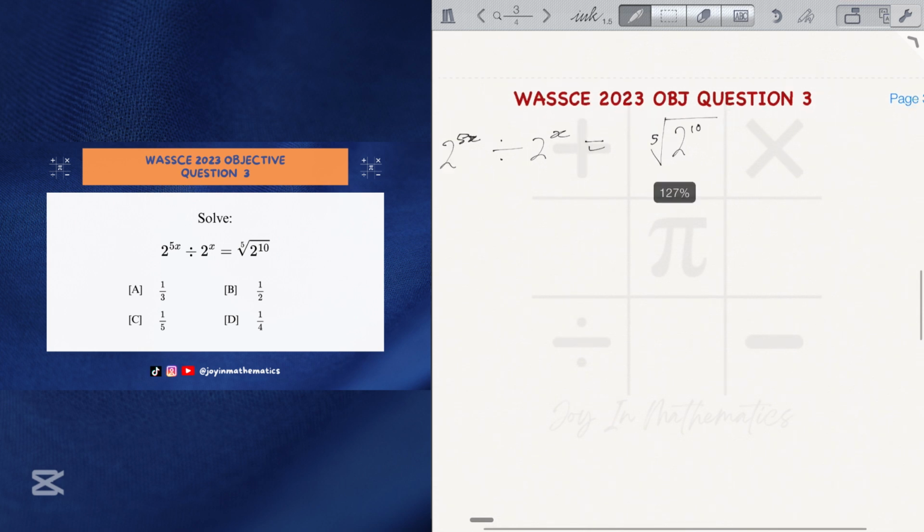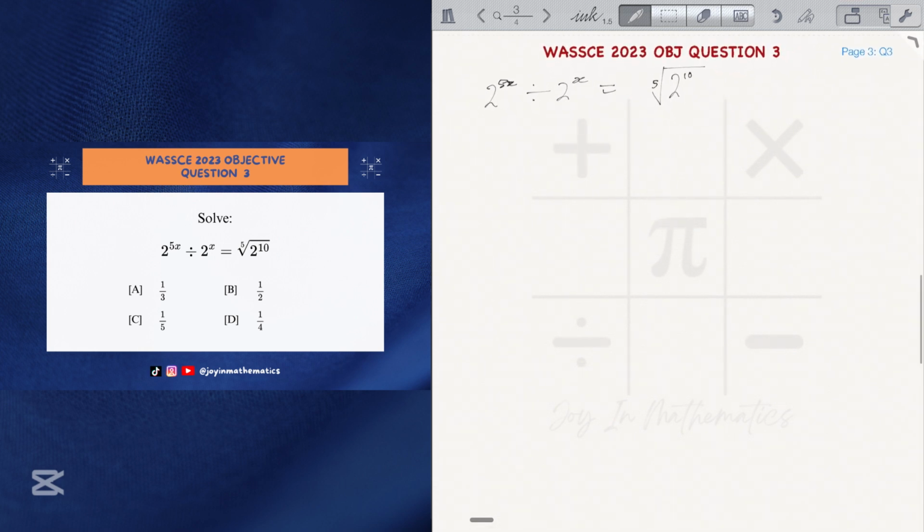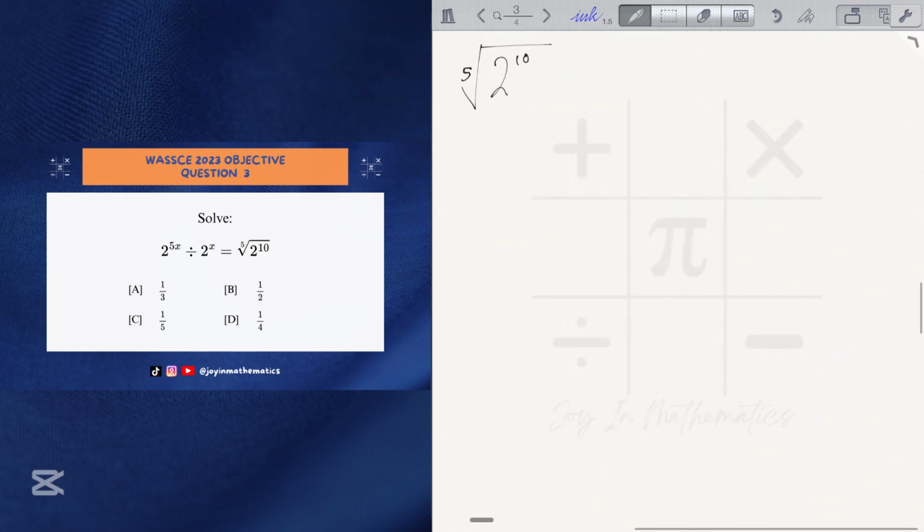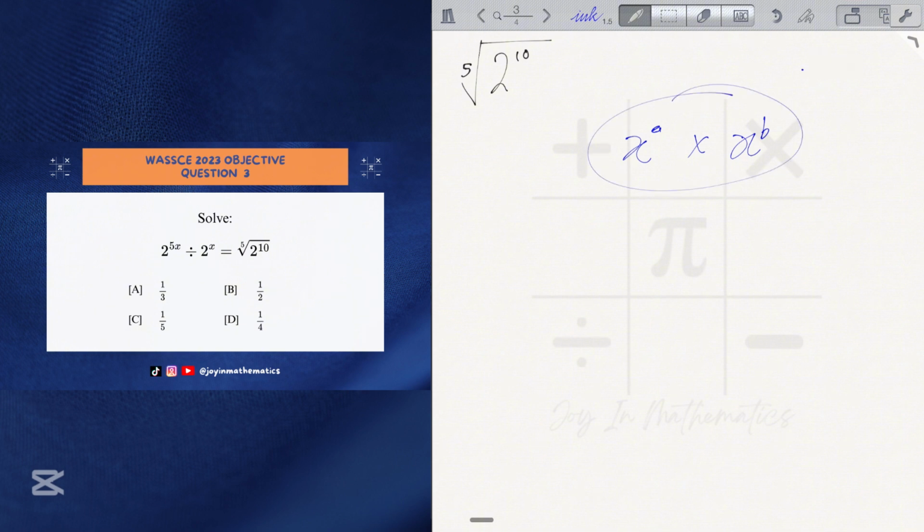Now this all involves indices, so the first thing to do is just write out the laws of indices. Let's write it out on this side. Remember, x raised to the power of a multiplied by x raised to the power of b is equals to x raised to the power of a plus b.